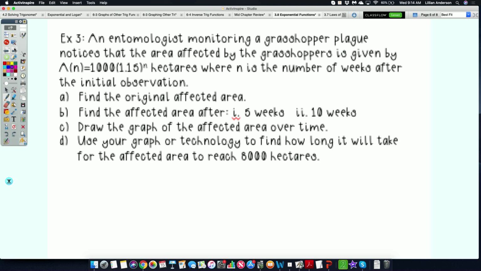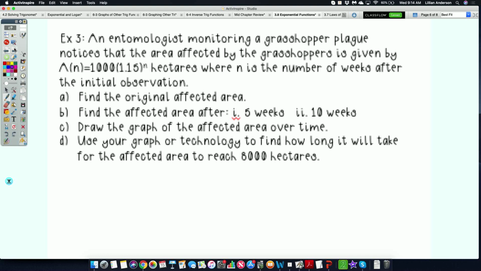Let's look at the next example, an application. Very fuzzy up here, but you have it nice and clear in your notes. An entomologist monitoring a grasshopper plague notices that the area affected by the grasshoppers is given by the equation A of n equals 1,000 times 1.15 to the n hectares, where n is the number of weeks after the initial observation.